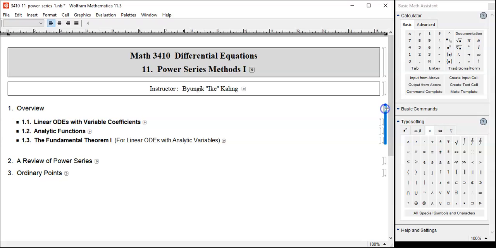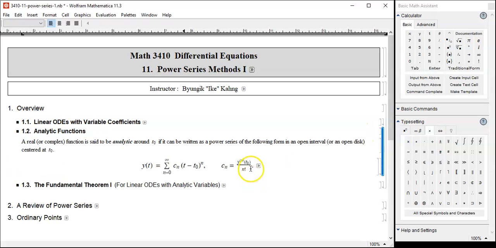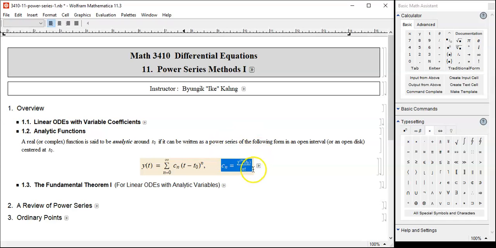Let's go back to the definition of the analytic function here. You see, the Taylor series expansion is valid. That's the condition for an analytic function. But in order to have this Taylor series expansion, all the derivatives must exist. So analytic is actually stronger than differentiable infinitely many times. Are they the same?